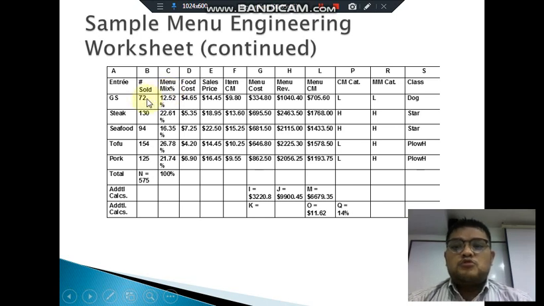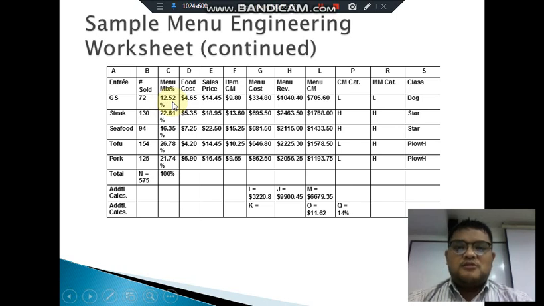So you want to know 72 is how many percent out of 575. It is very easy to calculate C. You just divide 72 by 575, and you will get the answer 12.52.